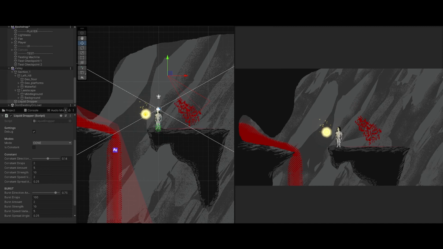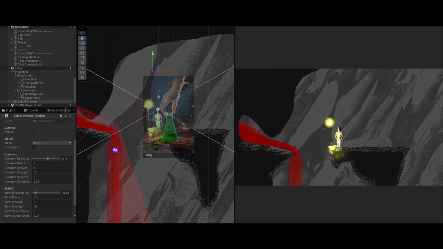For example, if I increase the strength maybe to something like 40, yeah, it is way faster. And we can change also the direction of the cone, maybe here. Right now it is affecting the physics too, which in game it won't. The physics can displace the liquid blood, but we will make it so that the drops don't affect it.